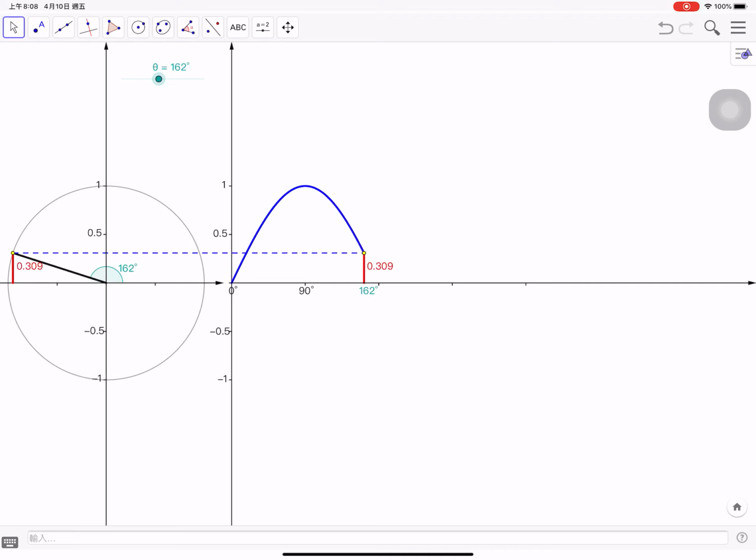How about 150? Sine 150 degrees, 1 over 2. How about sine 180? Yeah, 0 again.